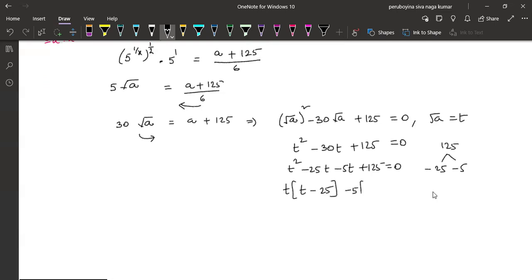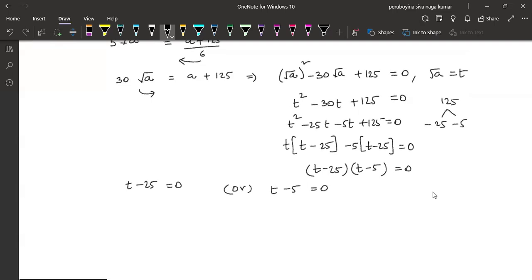Take minus 5 common from the last two, t minus 25 is equal to 0. Now again, we can have t minus 25 multiplied by t minus 5 equal to 0. So of course we have roots. t minus 25 is equal to 0 or t minus 5 is equal to 0.